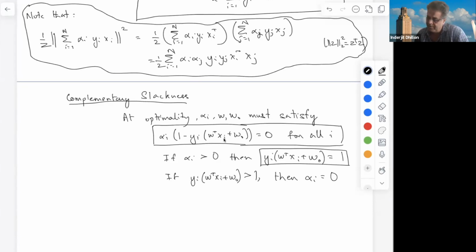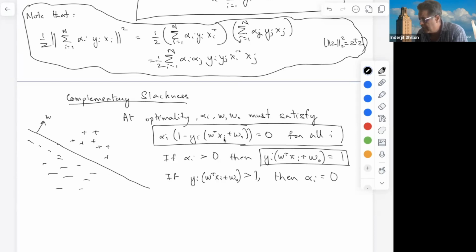But now let's come back to our two-class problem. We have two classes, the pluses and the second class, the minuses. And remember, we said that this is our hyperplane. This is W, and this is the margin, and we are trying to maximize the margin.